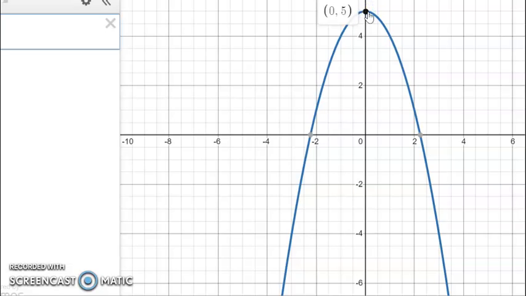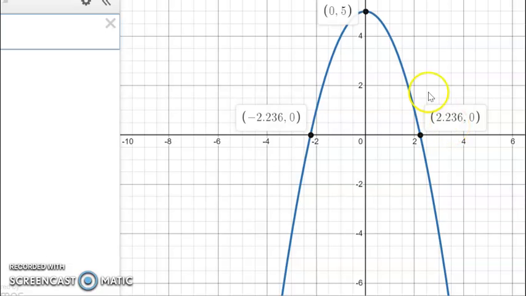The maximum, because that's the highest point, the maximum value is 5. Our axis of symmetry, that line that goes through the vertex, is x equals 0. It is the 0 of the vertex. My roots are at -2.2 and +2.2.